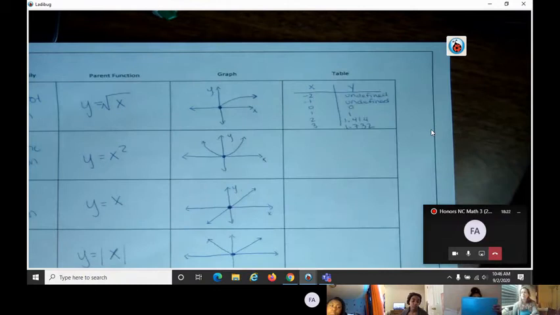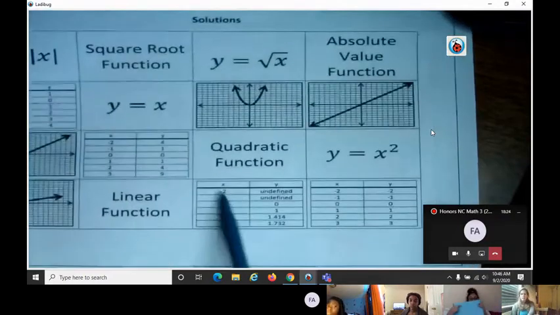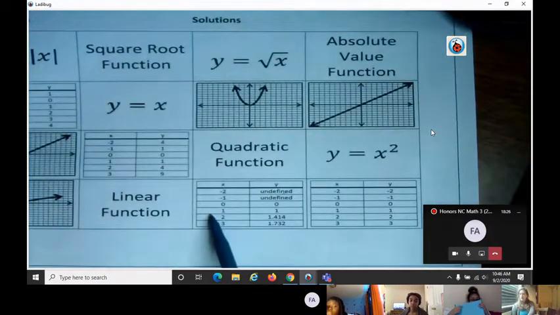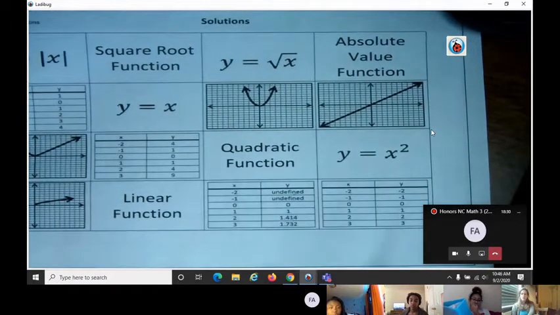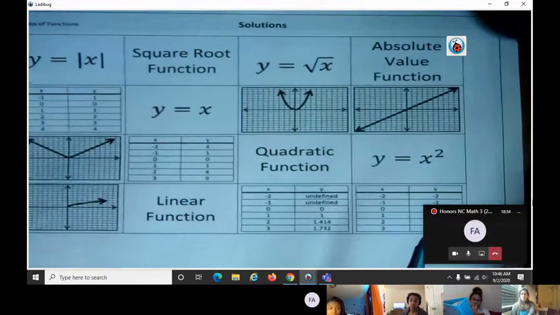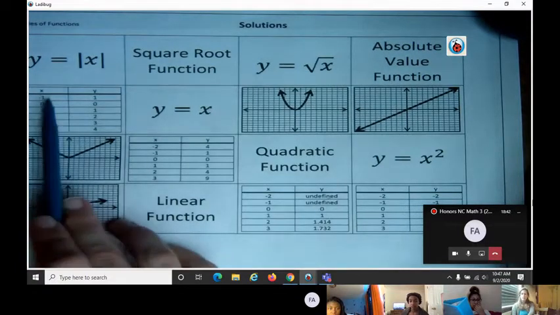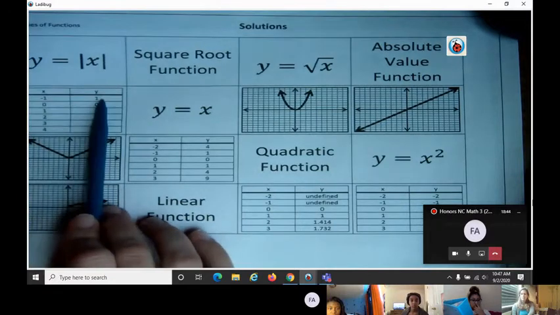Okay, so we've used this table here. Now our quadratic function should take x values and make them all positive and bigger. So if I look at my tables, I want to check first, just make sure that my negative x values turn into something positive. So here my -1 turns into something positive.